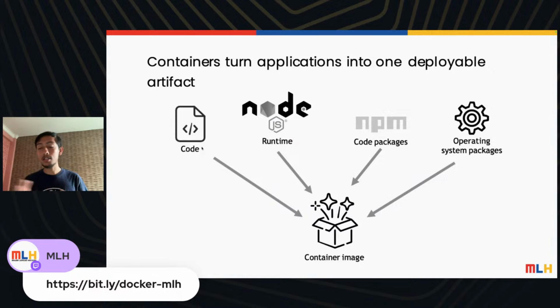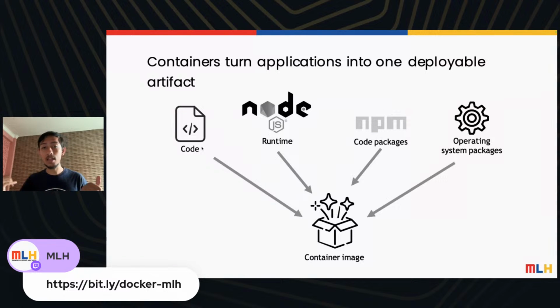And just a quick recap. So containers, like we talked about in part 1 and part 2, are basically a bundle of everything that our application needs to run. So it's the bundle of the code that our application needs, also the runtime or the environment where the application needs to run. So this could be Node.js if you're using a JS stack. It could be things like FastAPI, the Python environment.